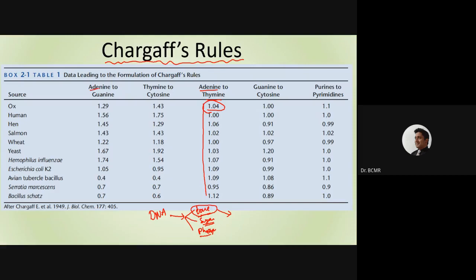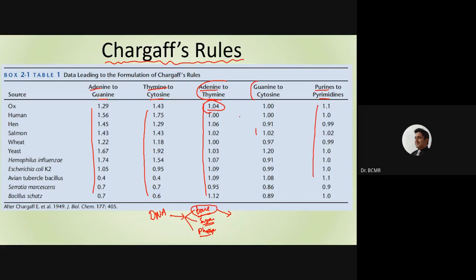The ratio of adenine to guanine, you cannot see consistency. Thymine to cytosine, there is similarly no consistency. But if you take the ratio between adenine to thymine, it always comes to about 1. Guanine to cytosine, there is always a ratio of 1. And again, purines to pyrimidines, there is always this ratio.